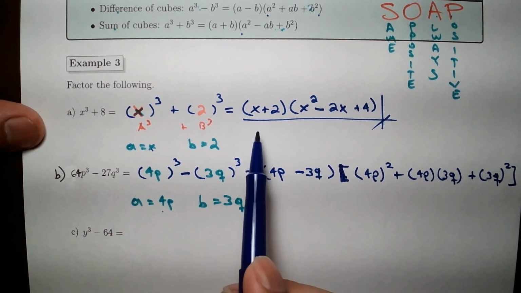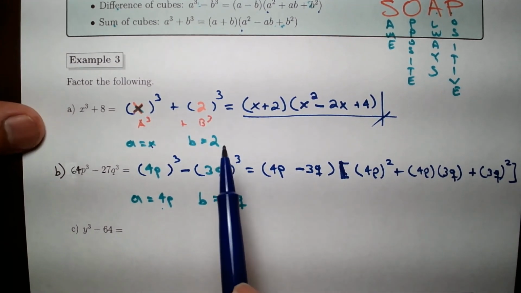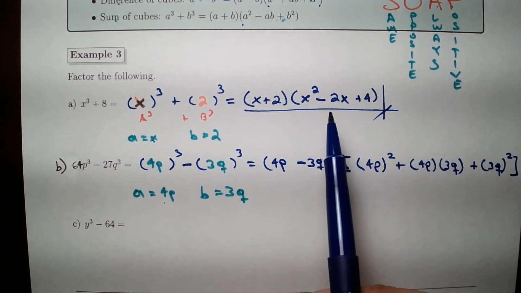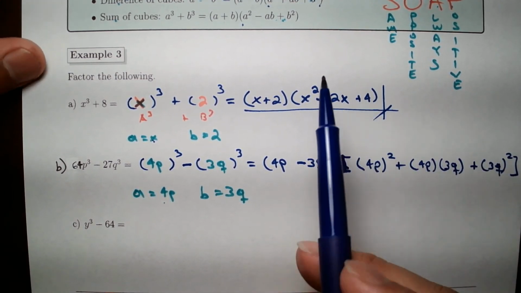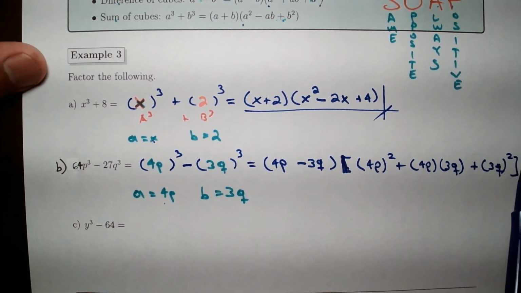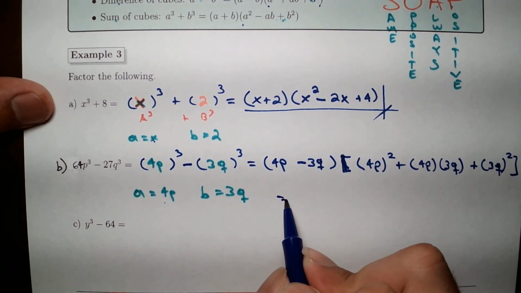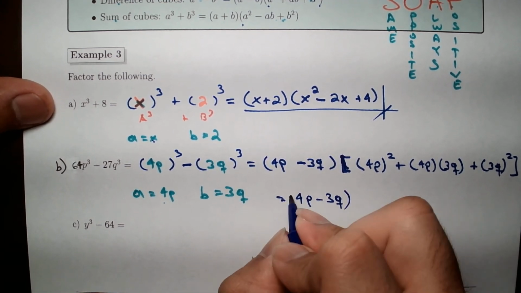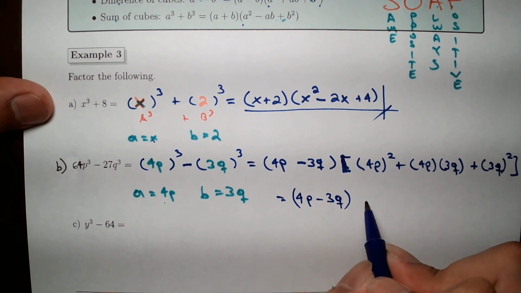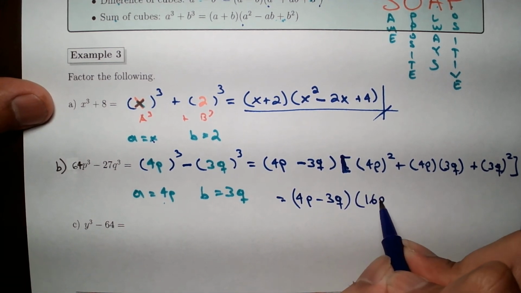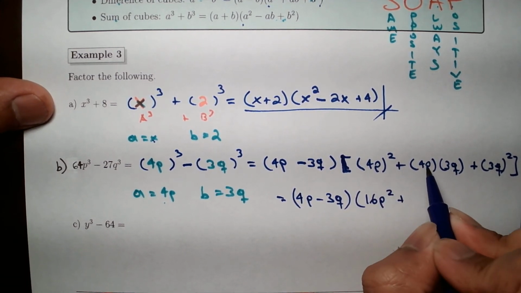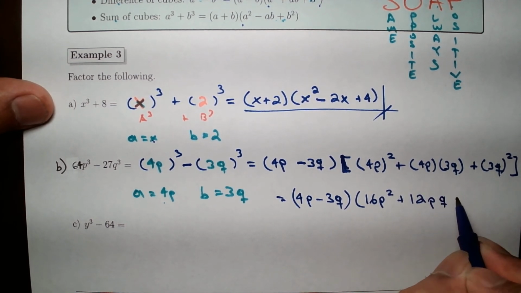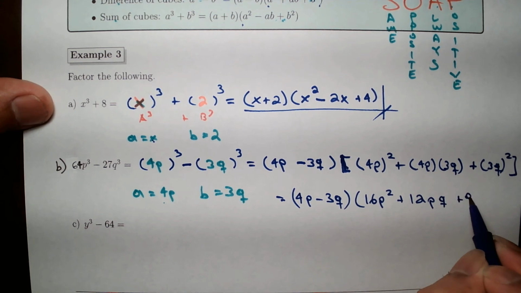So I'm going to simplify that in a further step. In the previous example, we got a simpler question, so we didn't need to do all these steps. So this is going to be 4p minus 3q times 4 squared, which is 16p squared, plus 4 times 3, which is 12pq, and 3 squared, which is 9, q squared.